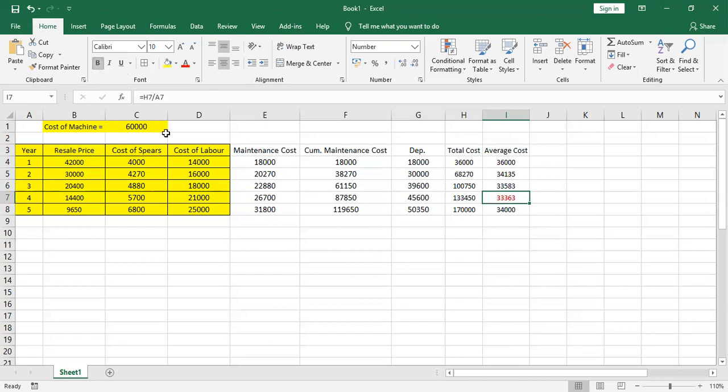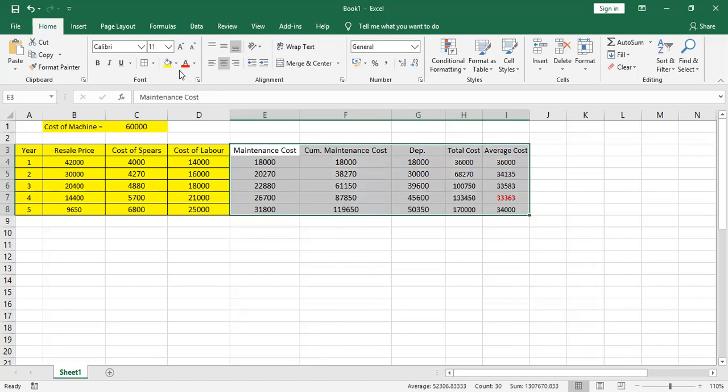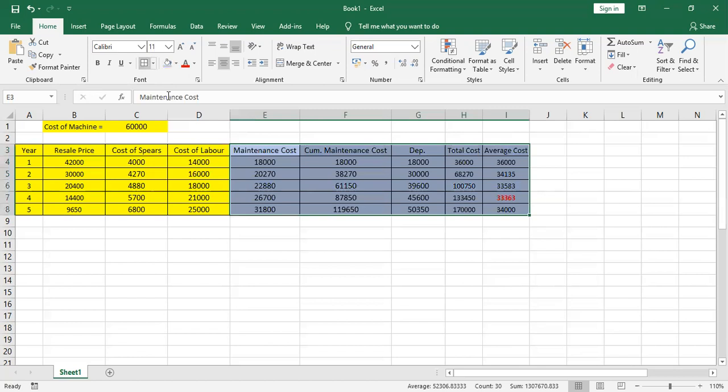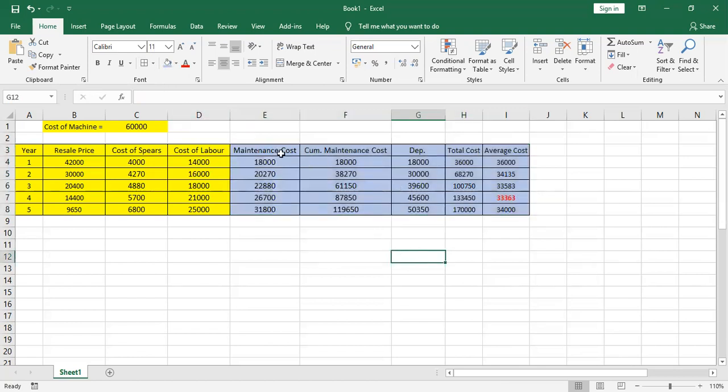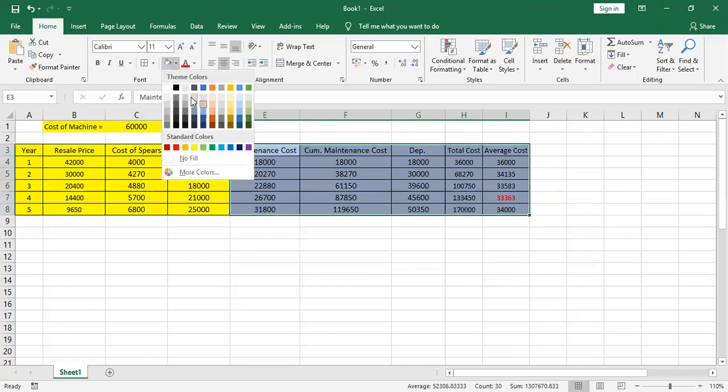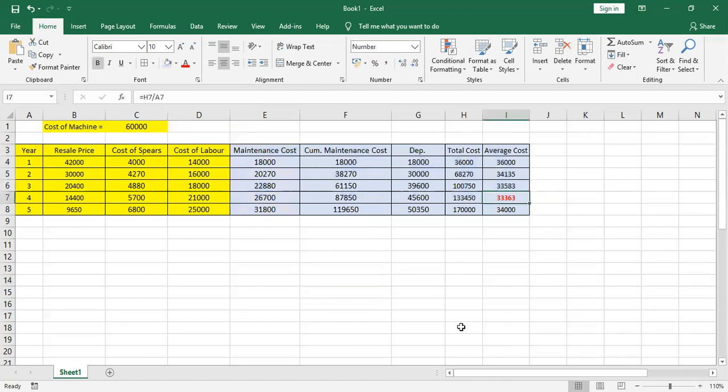So this is the minimum average cost, right? So what we did, we calculate maintenance cost, then we calculate cumulative maintenance cost, and then we find the minimum average cost, and minimum average cost is 33,363. This is the minimum average cost.